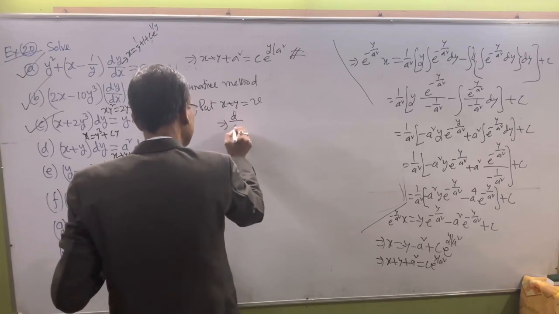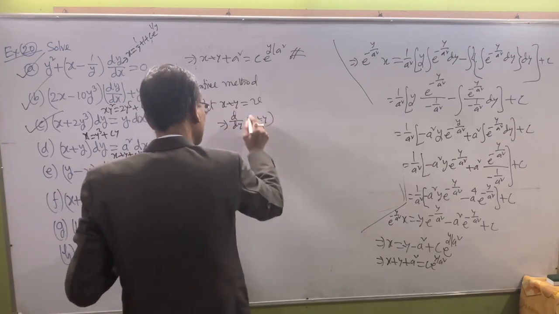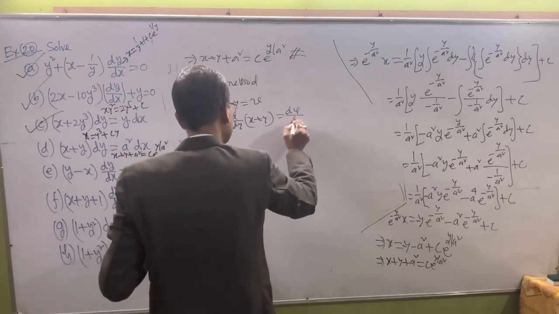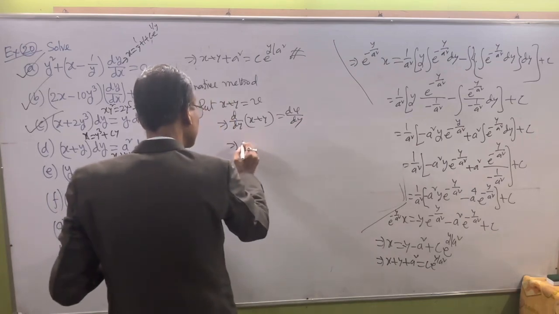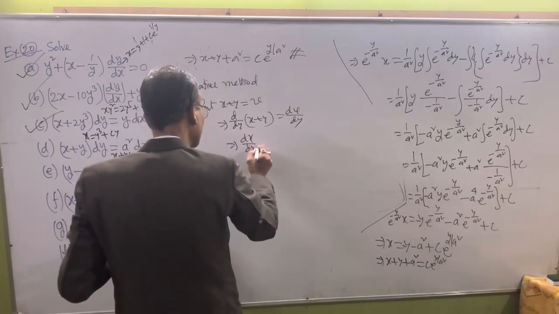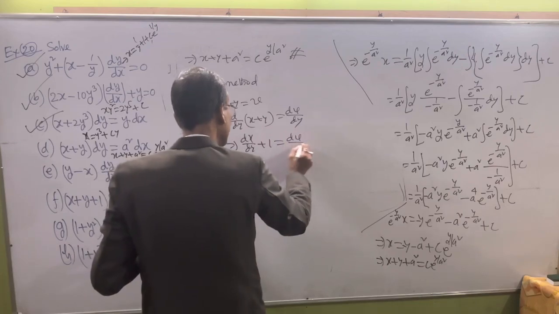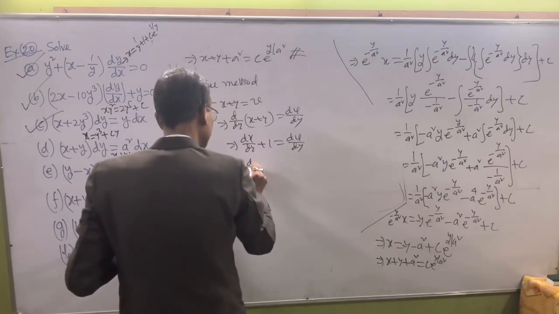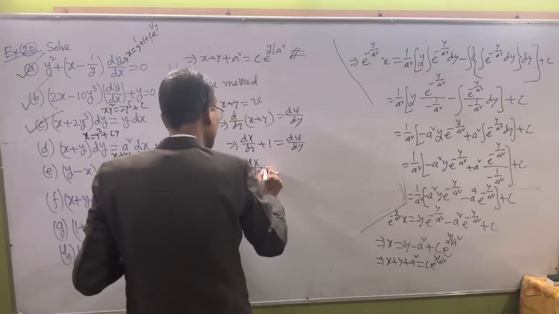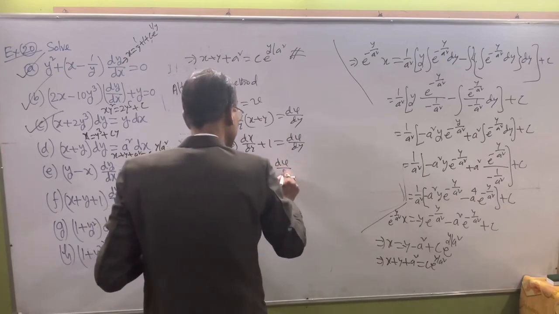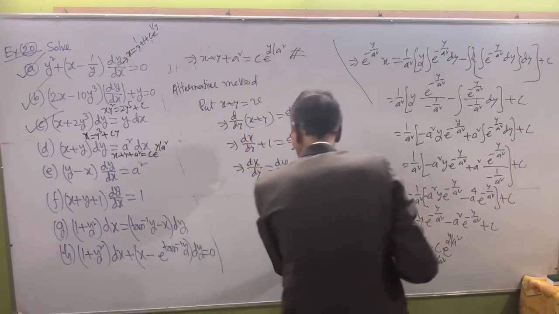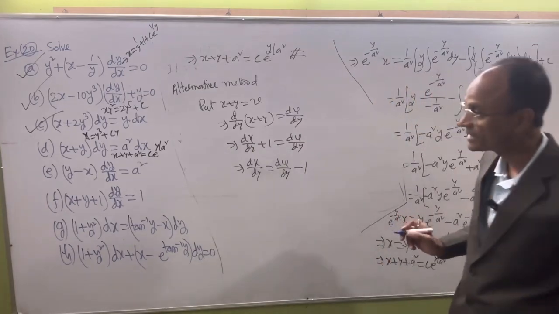This means d dy of x plus y equal to dv by dy. This means dx by dy plus 1 equal to dv by dy. This means dx by dy equal to dv by dy minus 1.